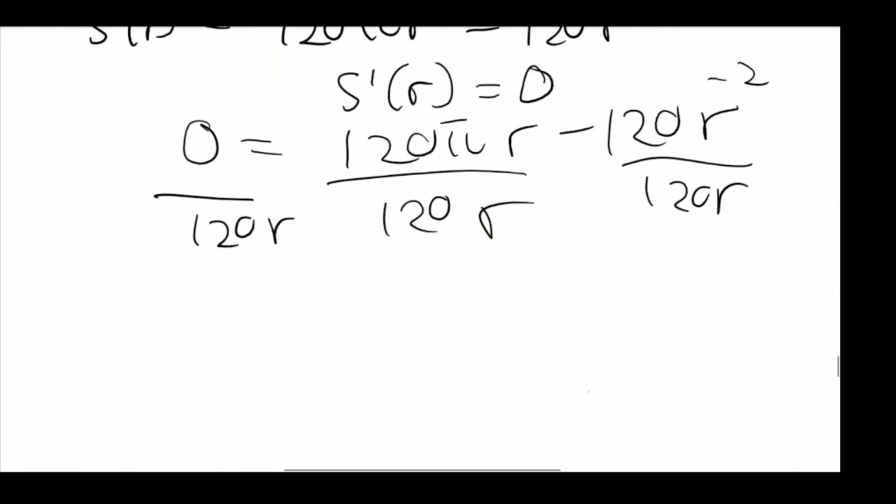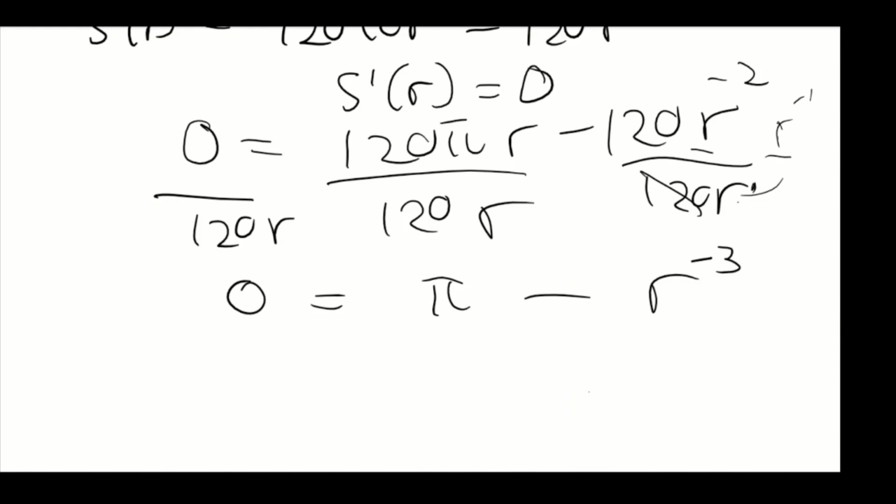So what's going to happen is you have 0 equals pi minus r to the power of, because this is r to the power of 1, if you take it up, it's r to the power of minus 1. So you're going to have r to the power of minus 3, because it's the same base, they add exponents. So this goes away, and you are left with r to the power of minus 3 equals pi.